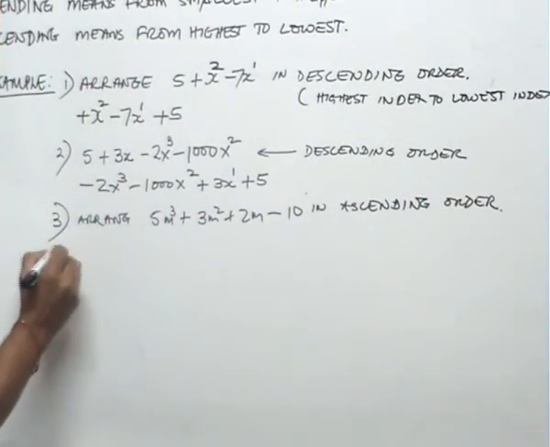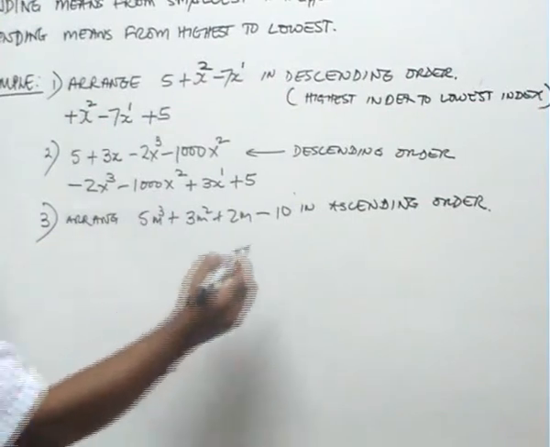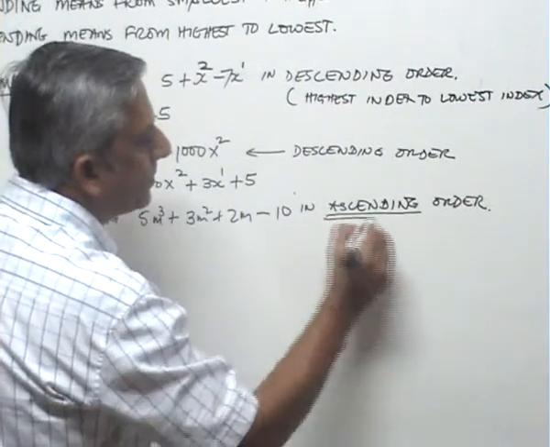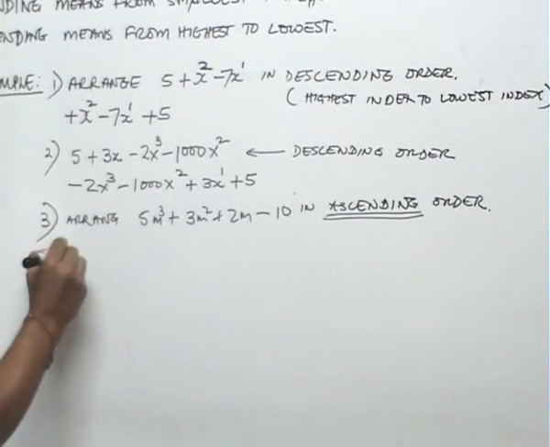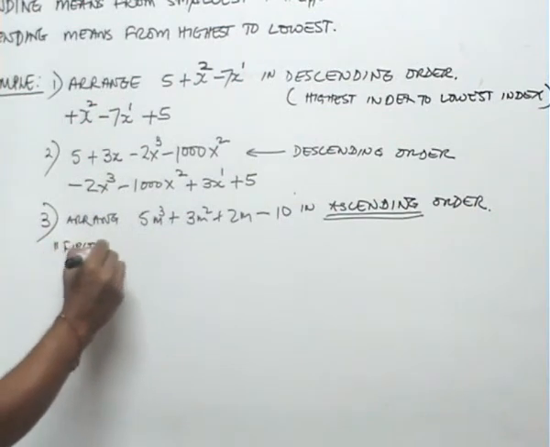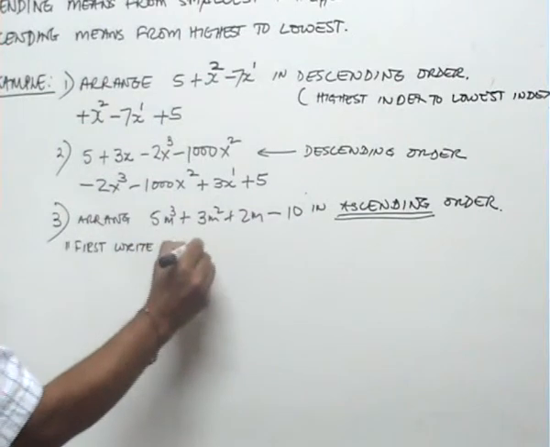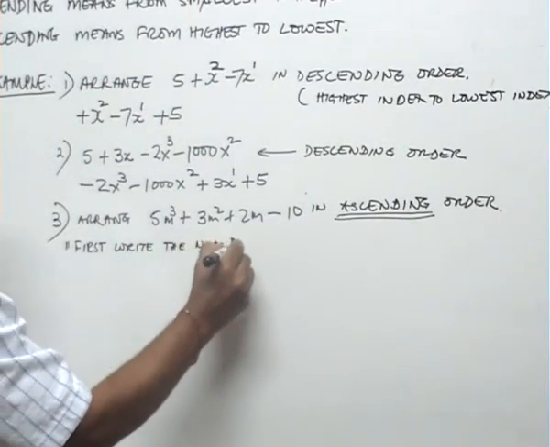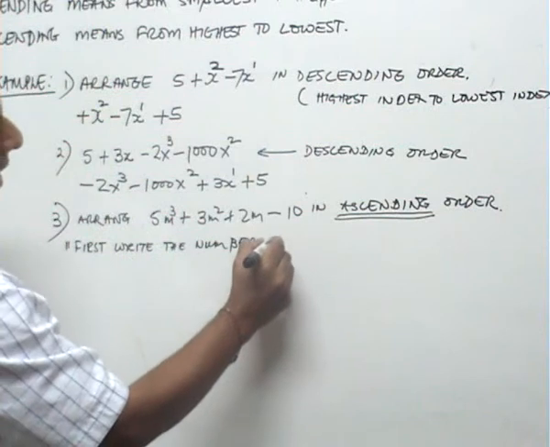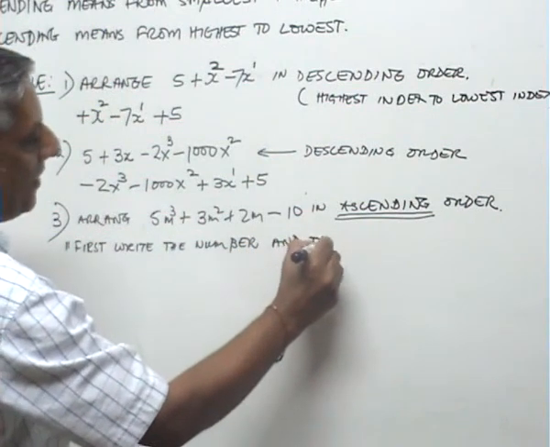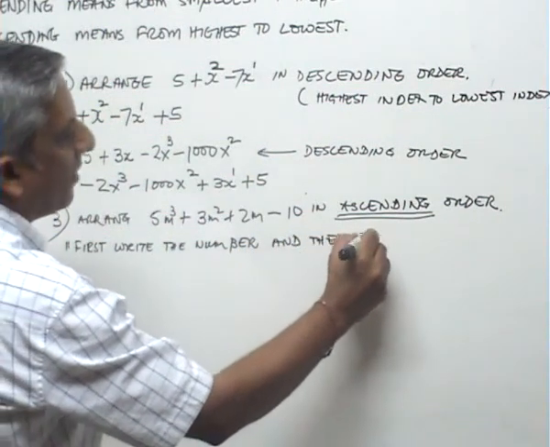Now you've got to understand, for ascending order, you must first write the number and then the powers.